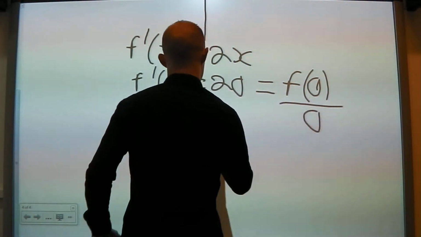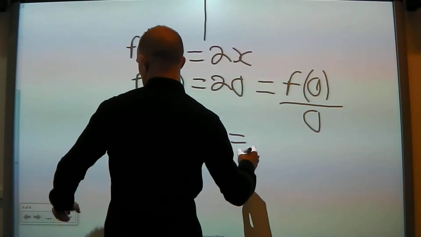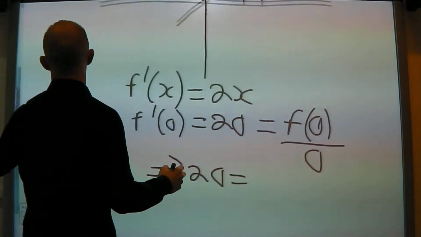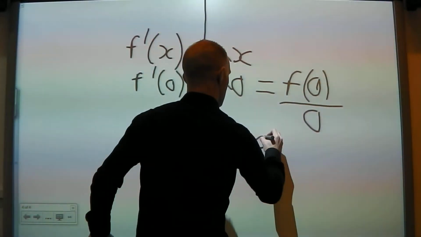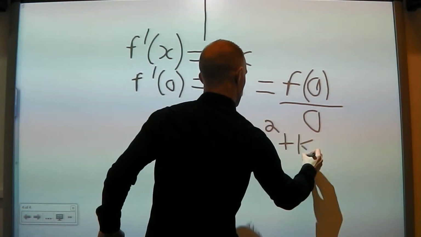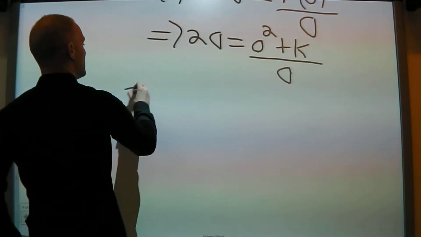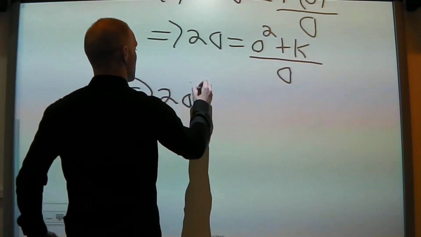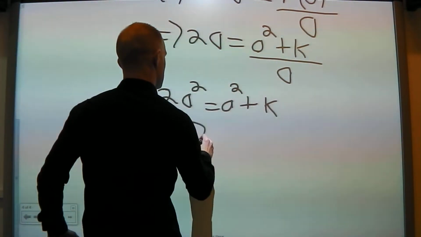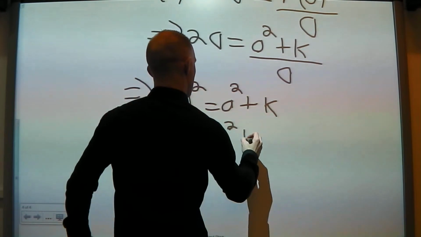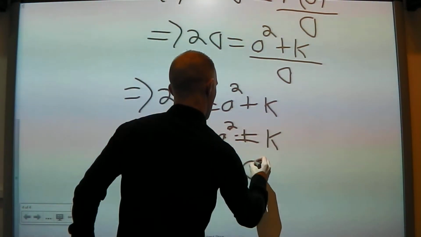Now f of a is a squared plus k, all over a. So now we're looking good here. That implies that 2a squared is equal to a squared plus k, and that implies a squared is equal to k, and that implies that a is equal to the square root of k.